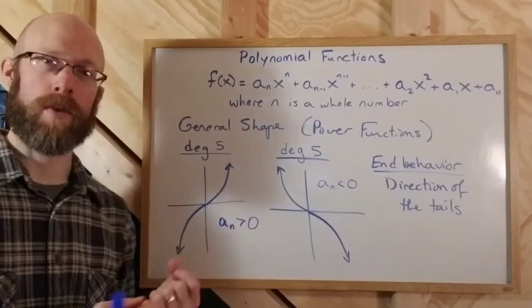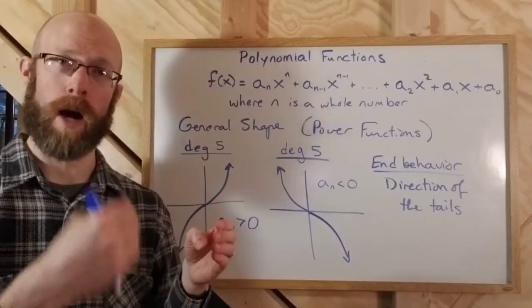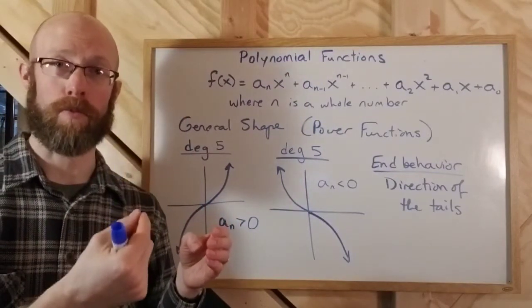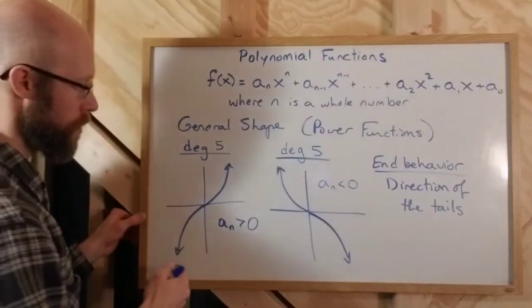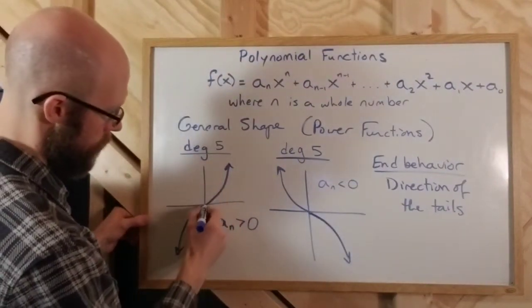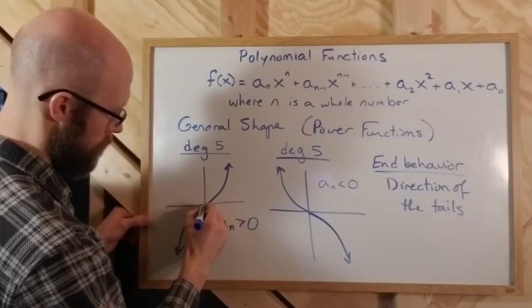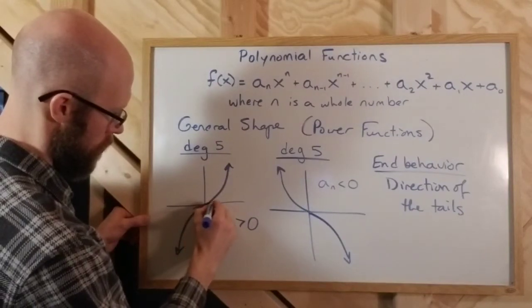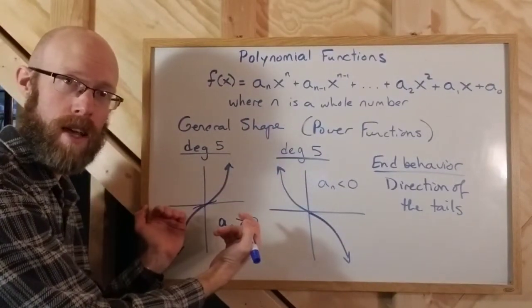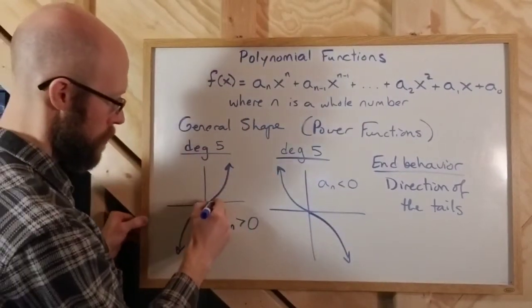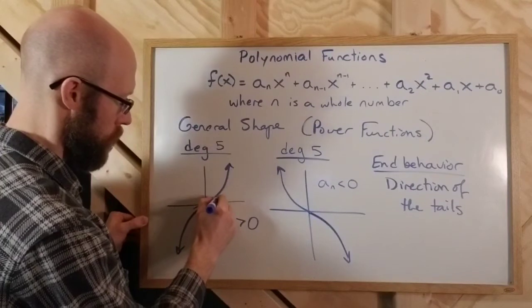Okay, raising numbers between 0 and 1 to a higher power makes the number smaller because the denominator gets bigger. And so what you end up with is a graph that is flatter in the middle, because it's pulled down toward the x-axis. But then on the ends, it increases faster.